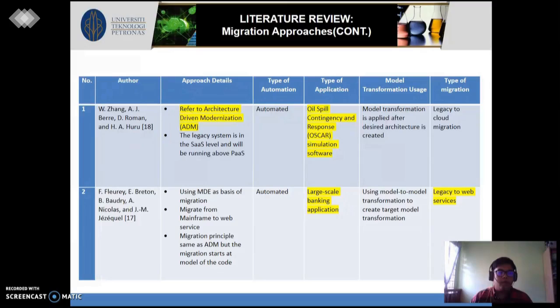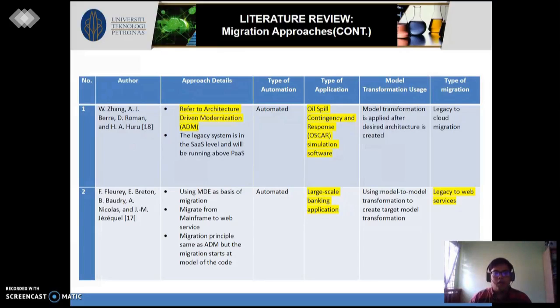So moving on to the Flore and Flore paper. In this paper, they are using ADM as a basis of migration. They migrate from mainframe to web service, and they perform the migration principle the same as ADM, but the migration starts at the model of the code, and the process is automated.